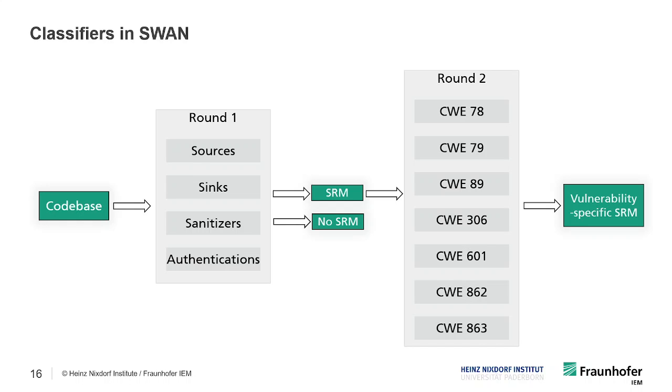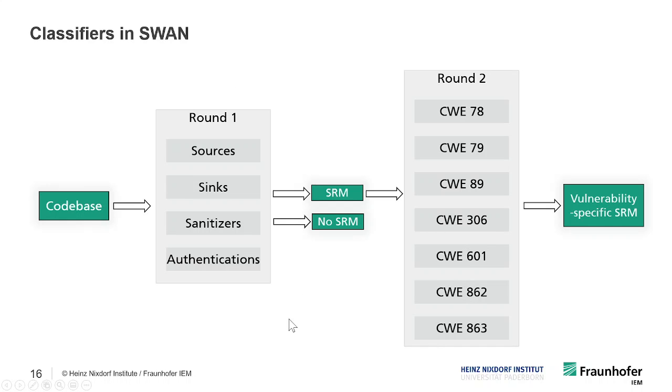All these inner gray boxes are individual classifiers. And you see we have 2 rounds of classification. As an input, we get the code base or any library code, a jar file that you want to classify. And SWAN will run two phases.